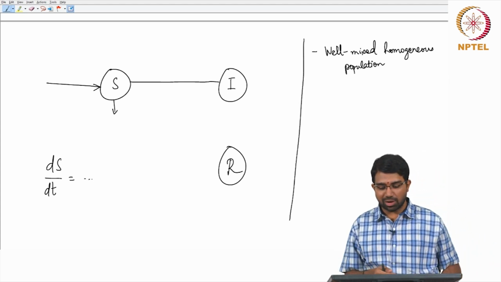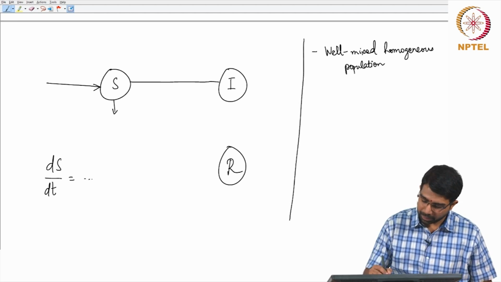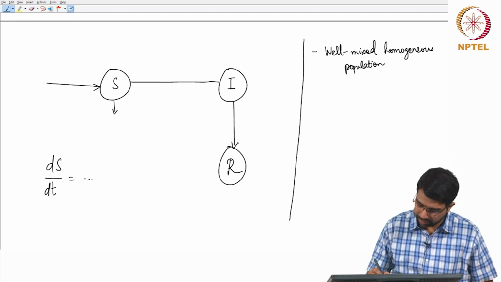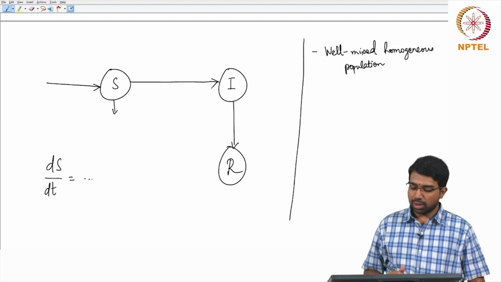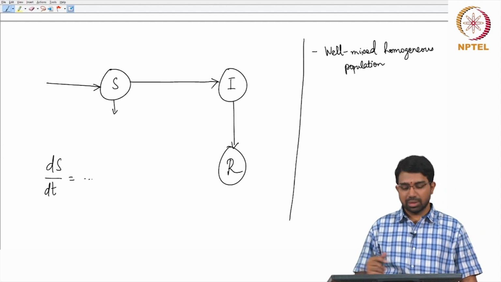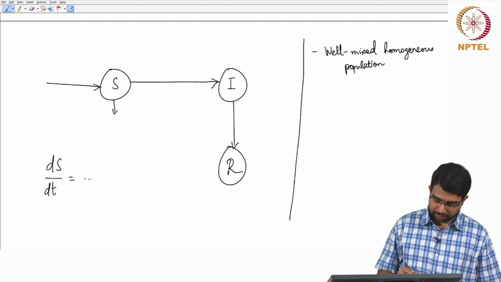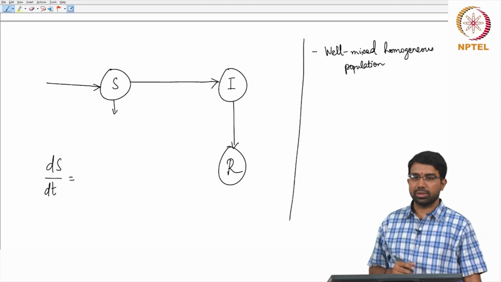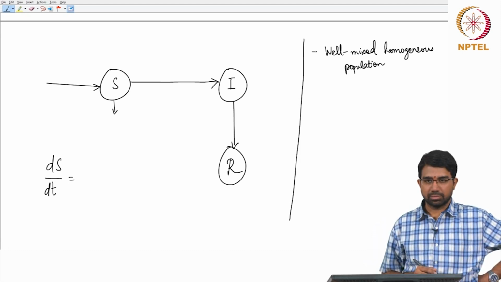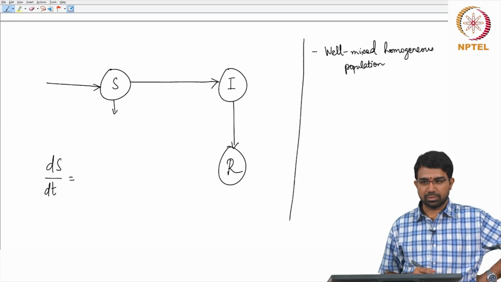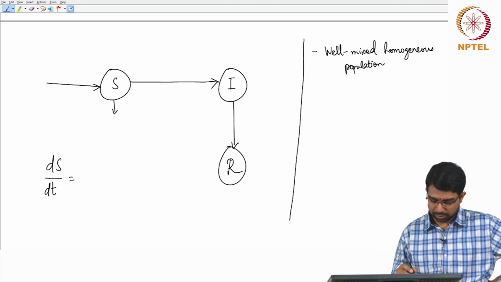So you need to always be cautious about these, and infected people can recover. So how would you write out these interactions? What is dS by dt going to be? Some constant K into S into I, some K into B, rate of birth, plus minus.